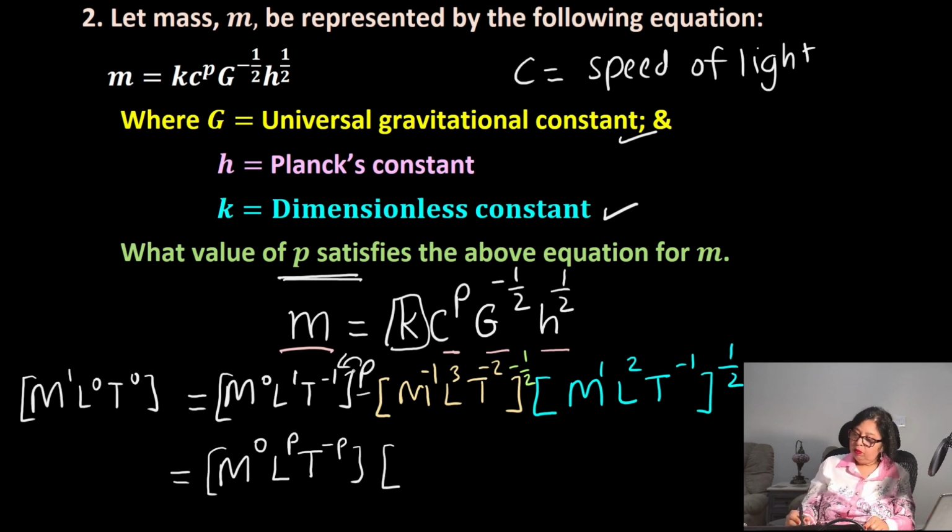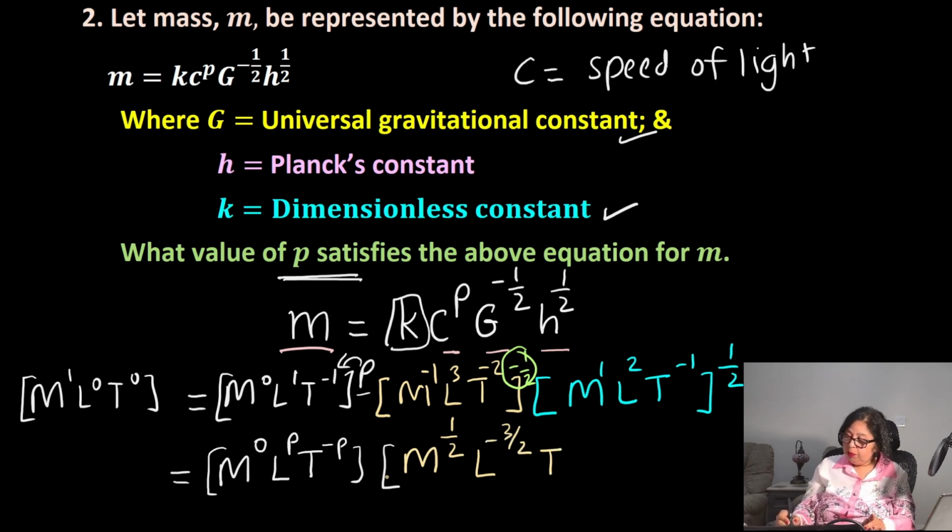Here we go. Next, I'm going to bring this minus 1 half inside the parentheses. What does that give me? M to the power minus 1 times minus 1 half gives me 1 half. L to the power 3 times minus 1 half gives me minus 3 halves.